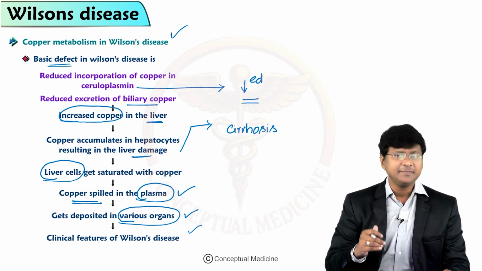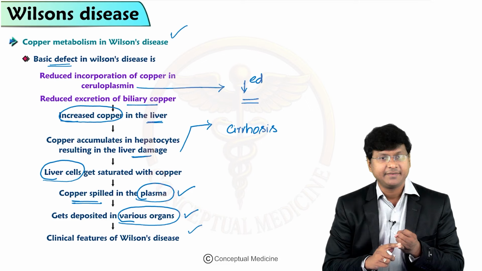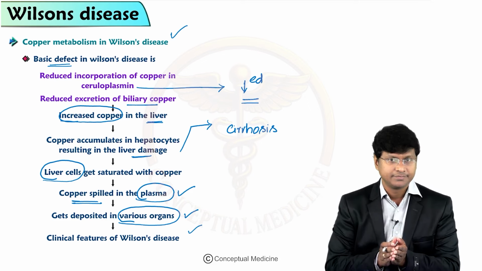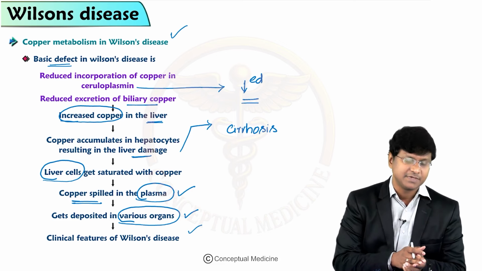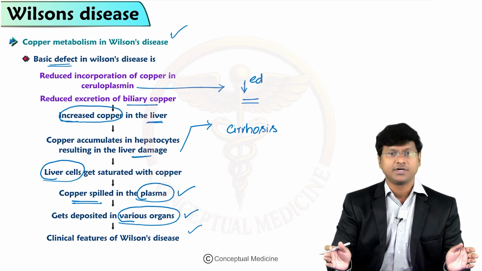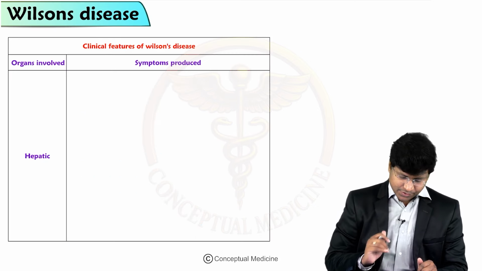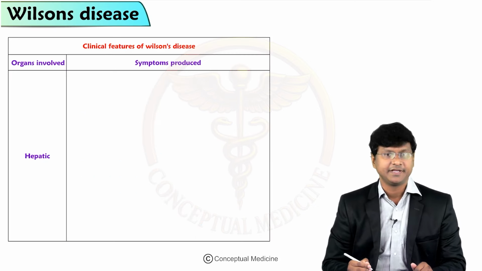Now let me discuss what will be the hepatic manifestations and what multi-organ systems will be involved, right? The copper gets spilled into the plasma and gets deposited in various organs in the body. Now accordingly, let me discuss the manifestations. So first, the hepatic manifestations.